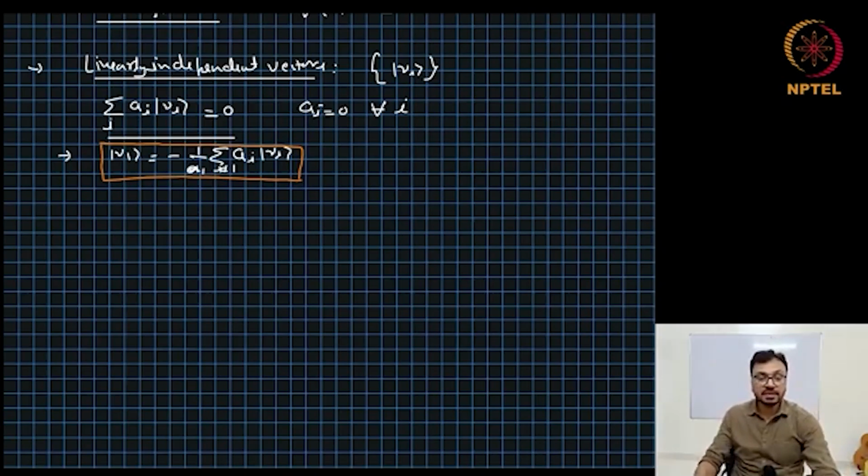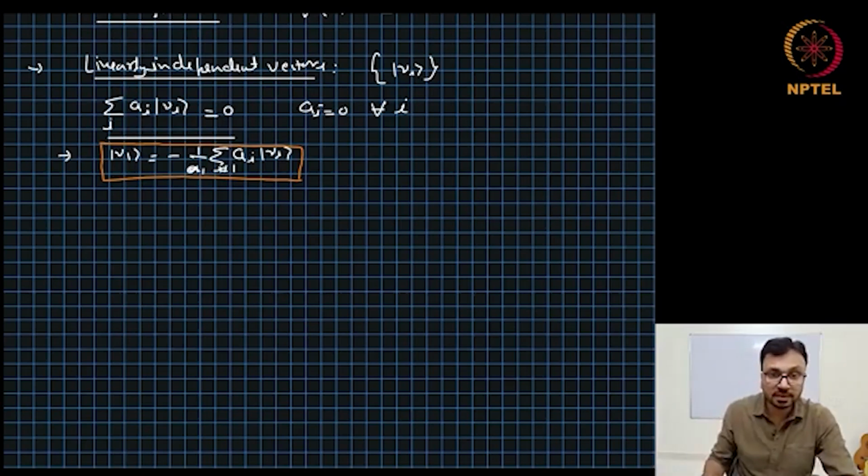So it means we can write the vector V1 as a linear sum of the other vectors in this set. In that way, one vector depends on the other vectors. So in that sense, it's not an independent set. So the independent set will be the one in which none of the vectors can be written as a sum of the other vectors. Okay.